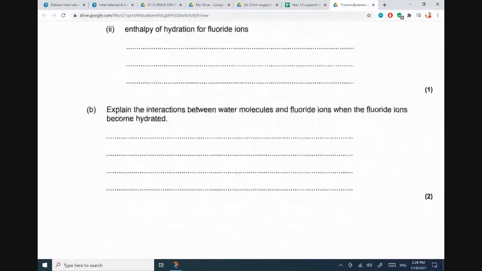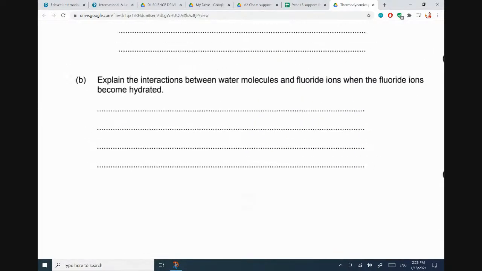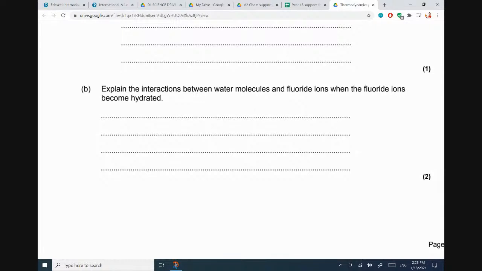Does that make sense? Guys, look at that. Explain the interactions between water molecules and fluoride ions when the fluoride ions become hydrated. Oh, that's a great picture, because that one is the diagram of the F minus with the H's towards it. And you get both marks for that picture.